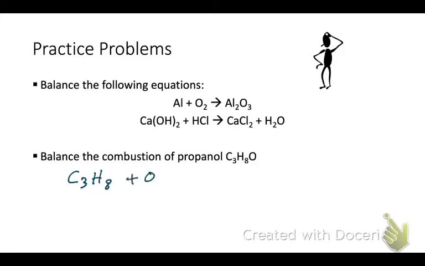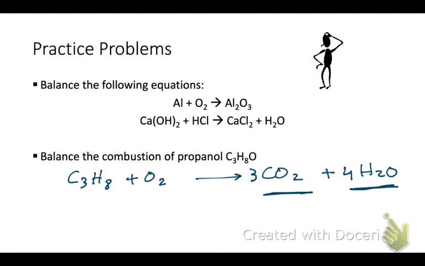You combust propane with oxygen. That's going to give you carbon dioxide and water. You balance again. 3 carbons in, 3 carbons out. 8 hydrogens in, 8 hydrogens out. Now 4 oxygen on this side and 6 oxygens on this side. That's 10. And I don't have any oxygens here, so I only have to have 10 out of O2, which means I'm going to have 5. And your equation is balanced.